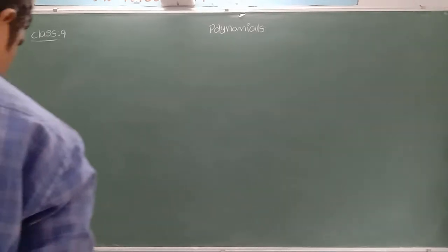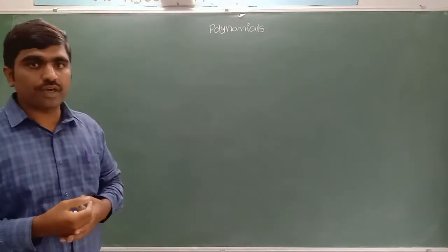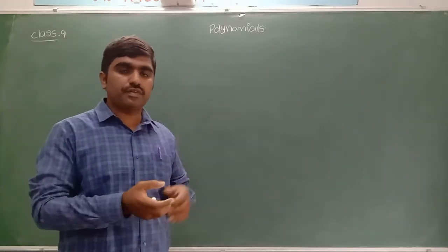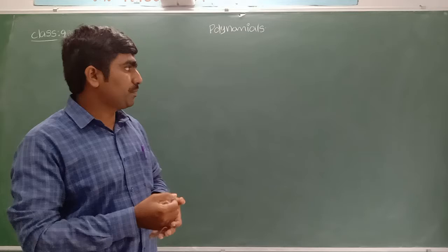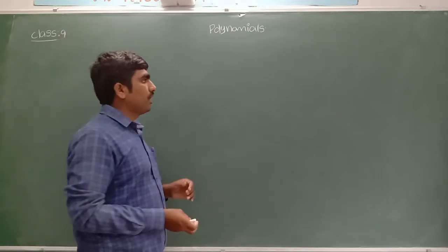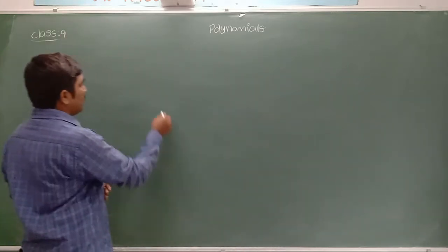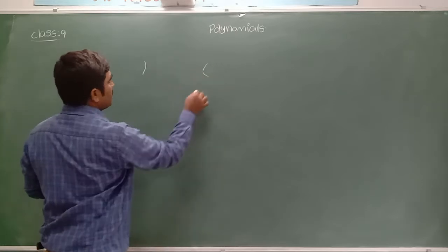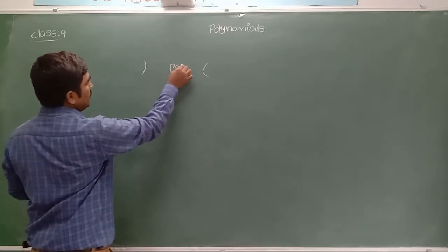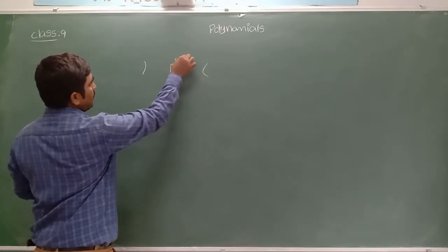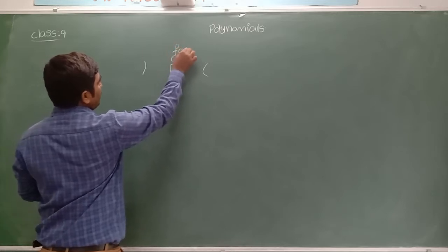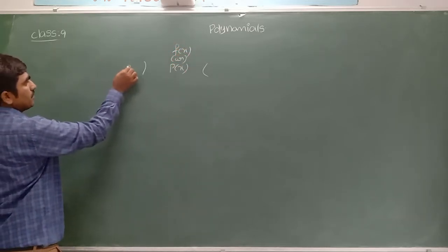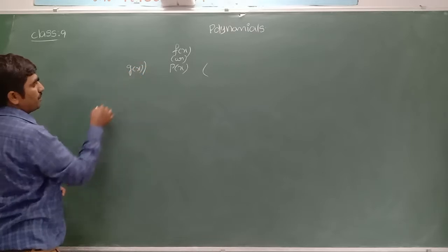Okay children, let's see what rules we have while doing the long division of a polynomial by another polynomial. Generally, the dividend will be represented with p of x or f of x, and the divisor will be represented with g of x.